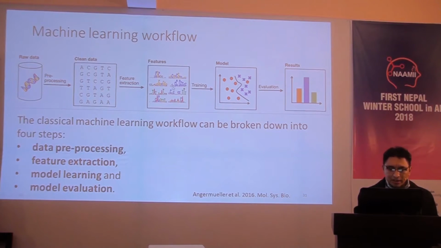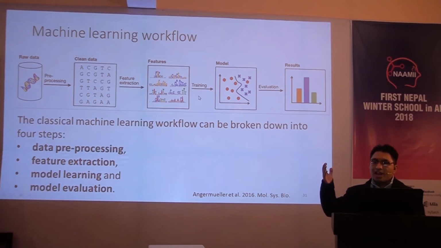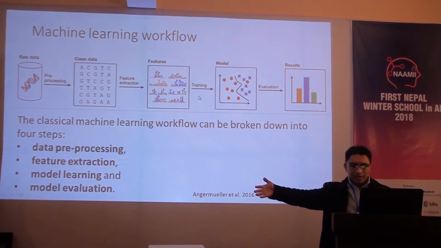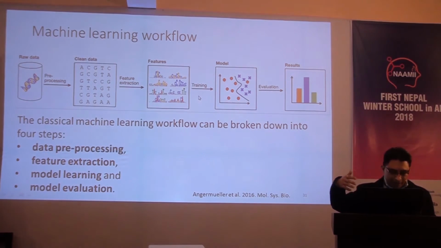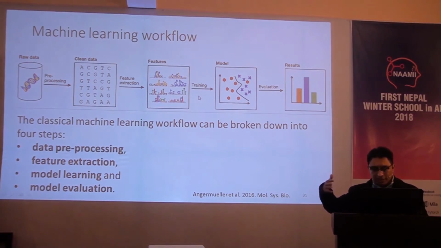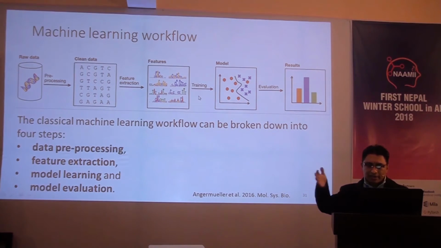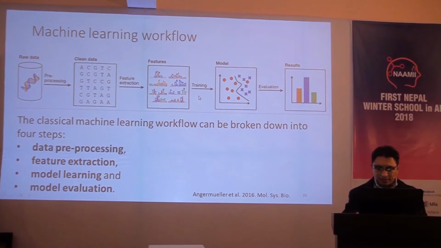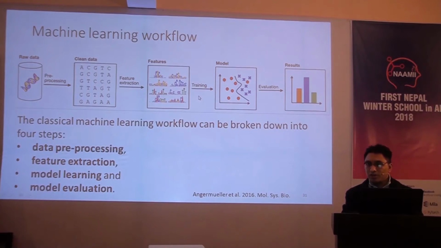And then we train our model, let's say on healthy versus disease conditions, and then we evaluate how well our model can distinguish between healthy and diseased individuals, looking at the transcription factors. So this is basically how the machine learning workflow works in this field.